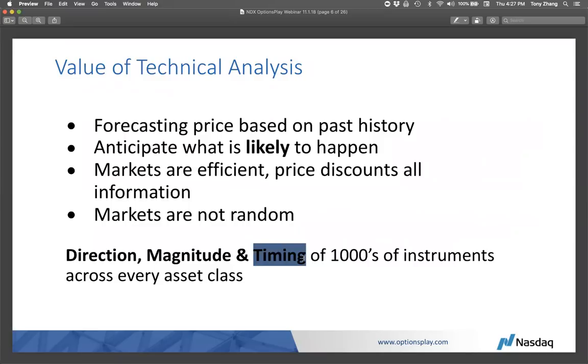And this is really what technical analysis provides you with that some other forms of analysis may not do. So for example, with fundamental analysis, you might get a sense for direction, you might get a sense for magnitude, but you certainly don't get a sense for timing. So there are pros and cons to each form of analysis, but technical analysis really provides you with all three things.